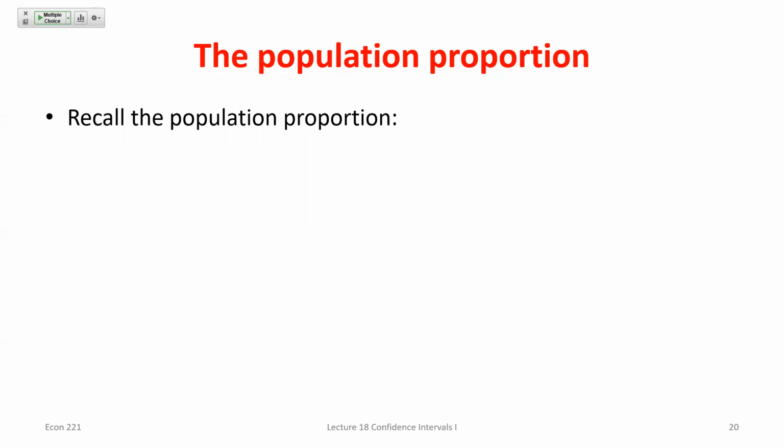So if we were to add up the number of mothers who smoked in that data set, divided by the total number of mothers, we would have a sample proportion of mothers that smoke. If 50 out of 100 smoke, we have a sample proportion of 0.5. If 20 out of 100 smoke, we have a sample proportion of 0.2.